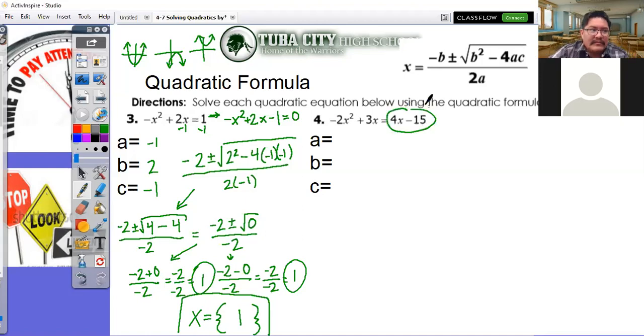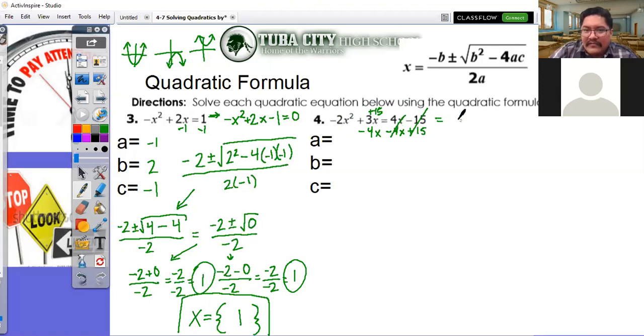I don't know which side would be better, but I'm going to move everything over to this side. So minus 4x, which means I'm going to have to minus 4x here. And I'm also going to have to plus 15, which I don't actually have enough room to put, so I'm going to do a little bit of a rare thing. I'm going to put plus 15 on the top. This is going to cancel, this is going to cancel. So now I should have nothing on that side.